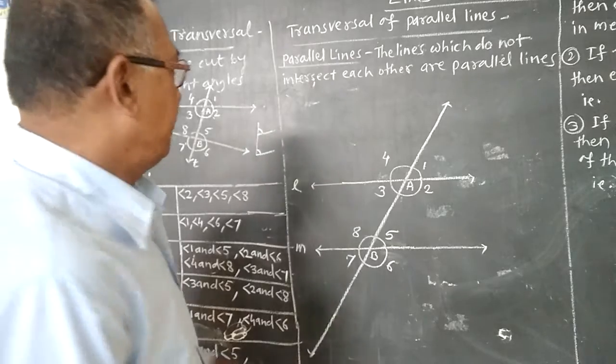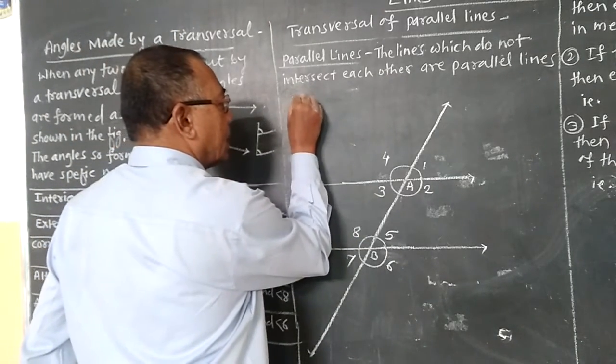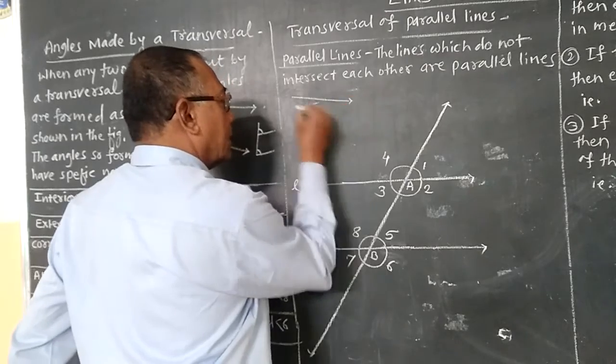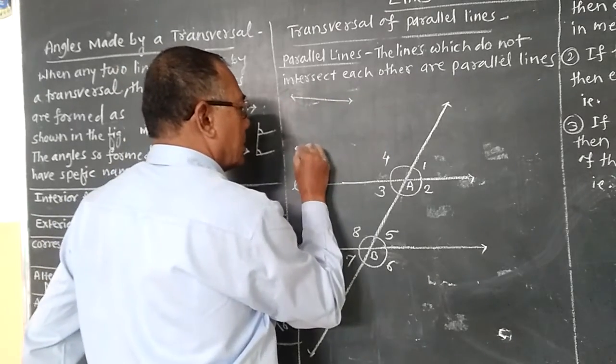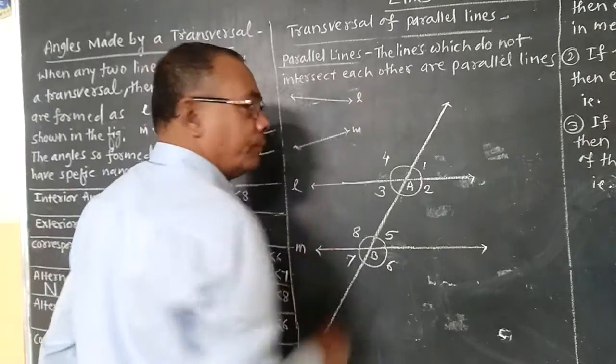Means if here are the two lines, line L and line M.